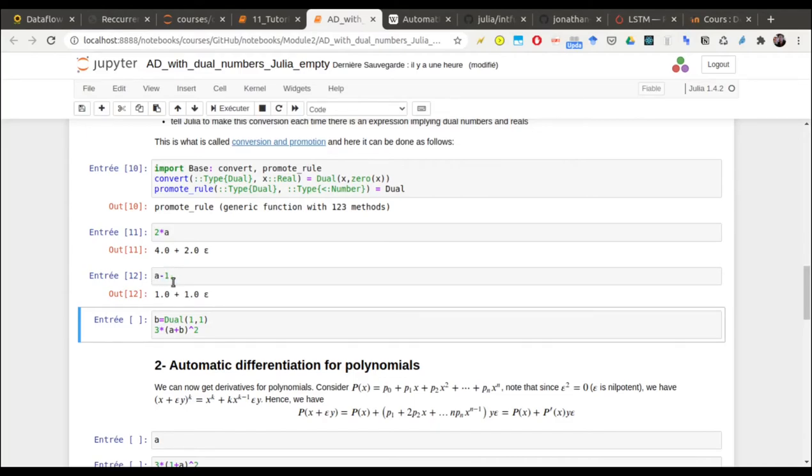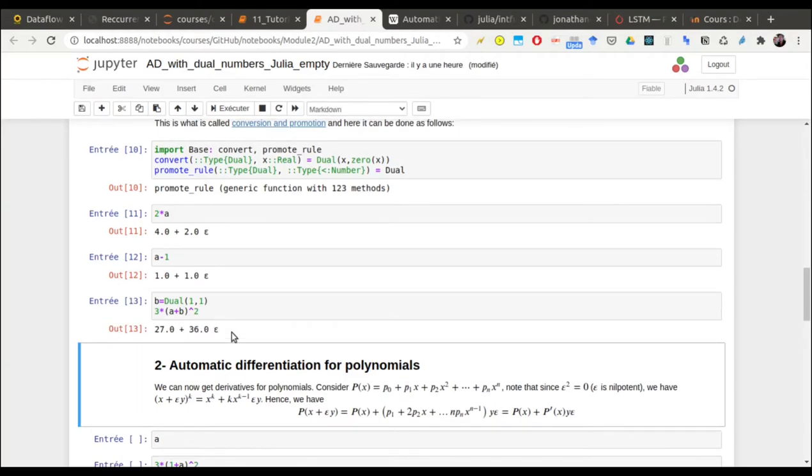So here, Julia sees a dual number and a real number with a minus. So there is an expression with two types. The first thing Julia needs to do is convert this one to a dual number. This is done here, and then the minus between two dual numbers has already been defined. And you see that you can do arithmetic, 3 times the square and so on. Everything is working fine. Any question on this?